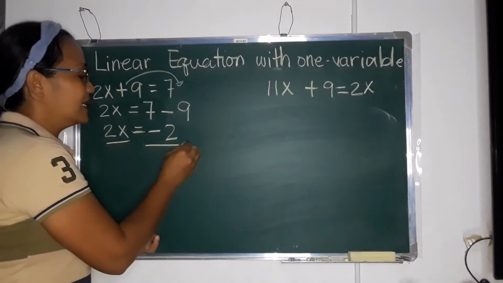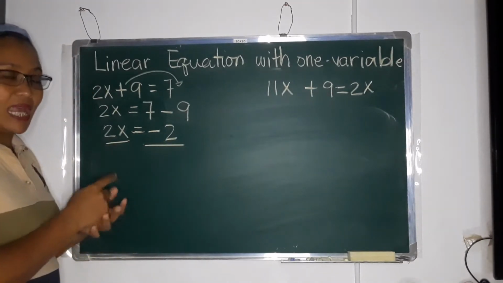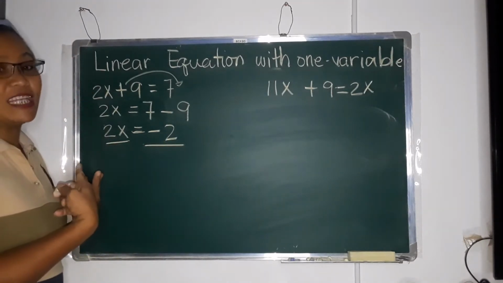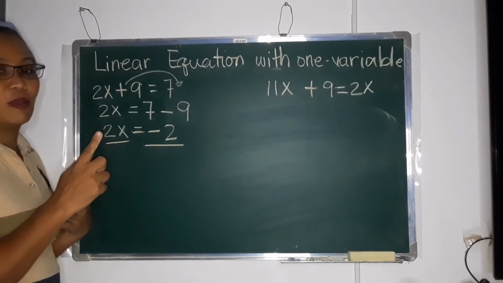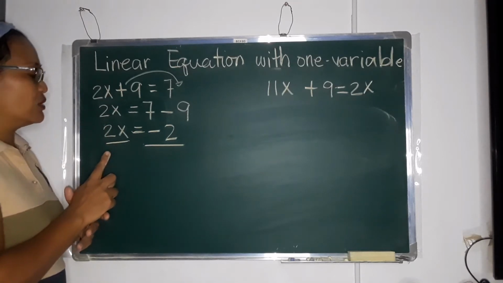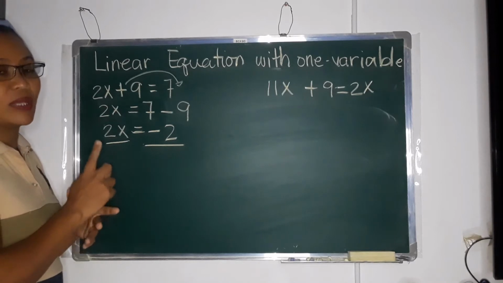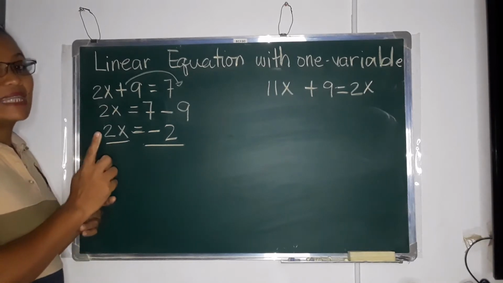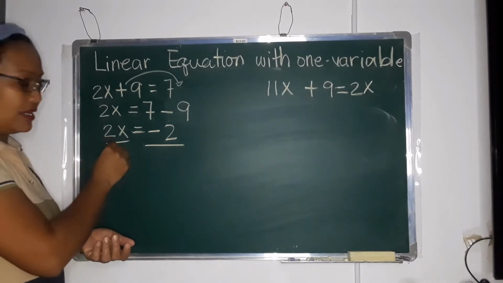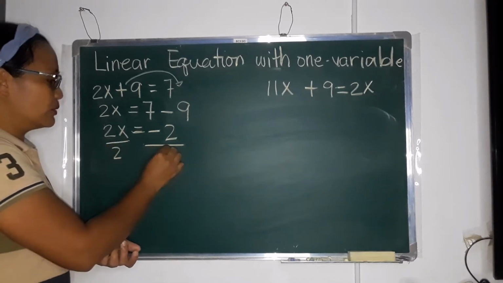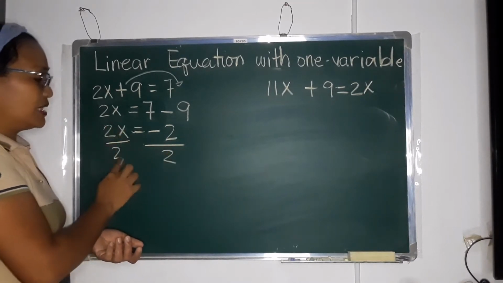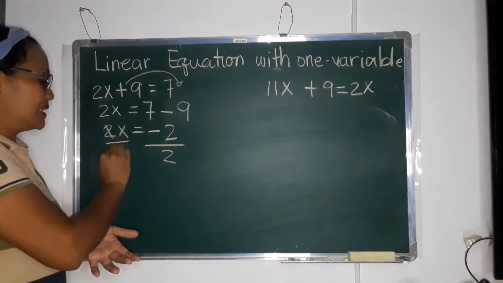Next, since x lang ang kailangan natin, since we need only x, only one x, we need to divide both sides by whatever number is beside x. So we have 2 here, so divide both sides by 2. So 2 divided by 2 is equal to 1. So cancel na siya.